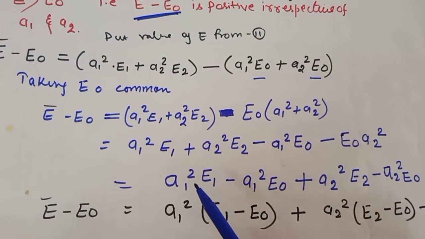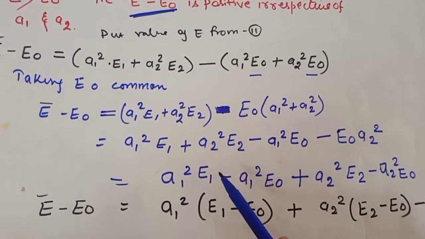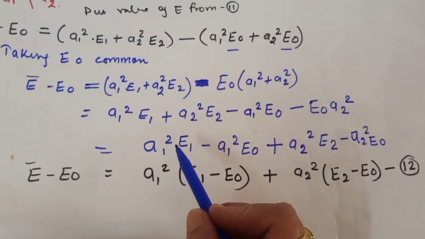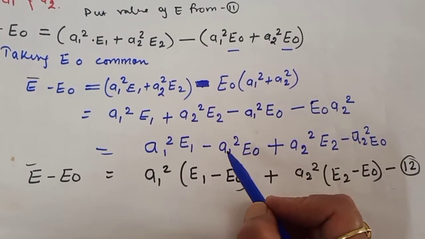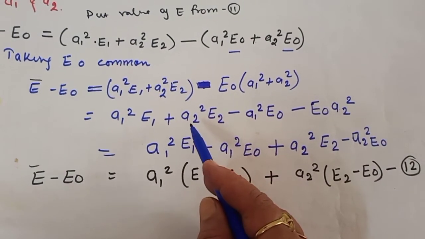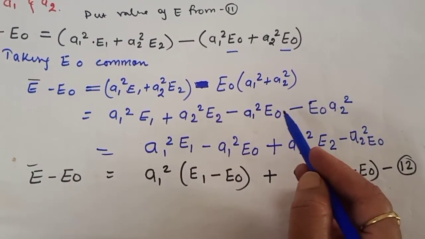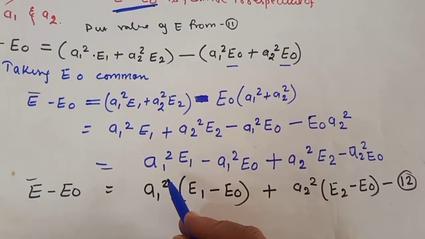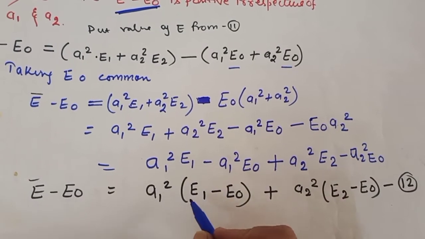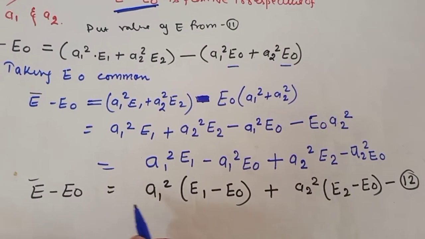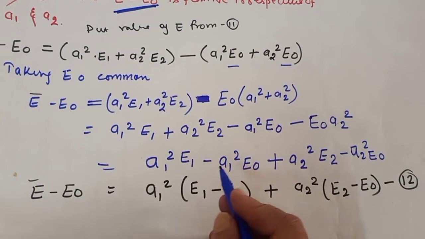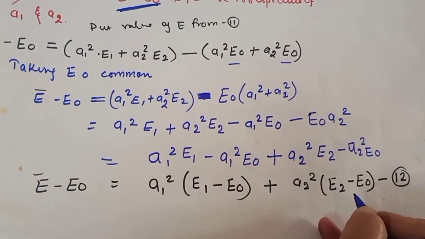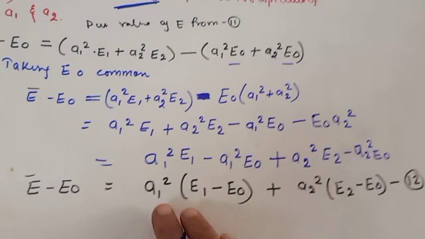We write the a1 terms first and the a2 terms after: a1 square E1 minus a1 square E0 plus a2 square E2 minus a2 square E0. Now we take a1 square common, giving a1 square in bracket E1 minus E0, and a2 square common, giving E2 minus E0.